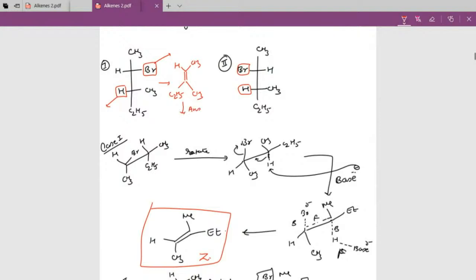But for the answer, revert it. So, for reporting an answer, you have to report this one.